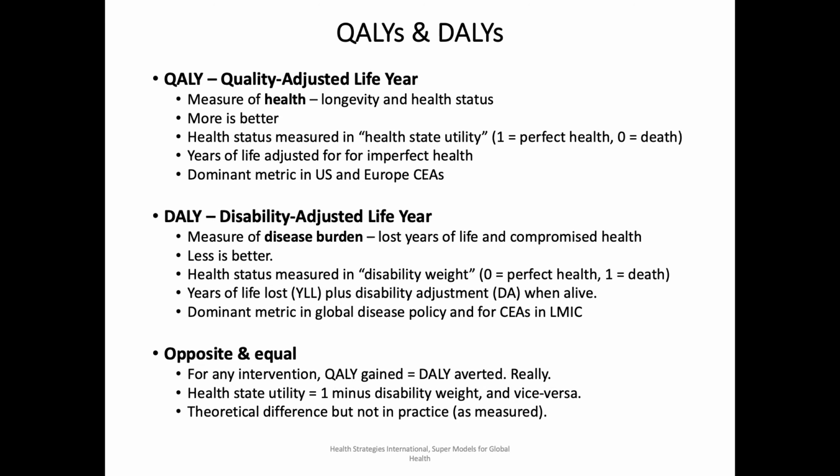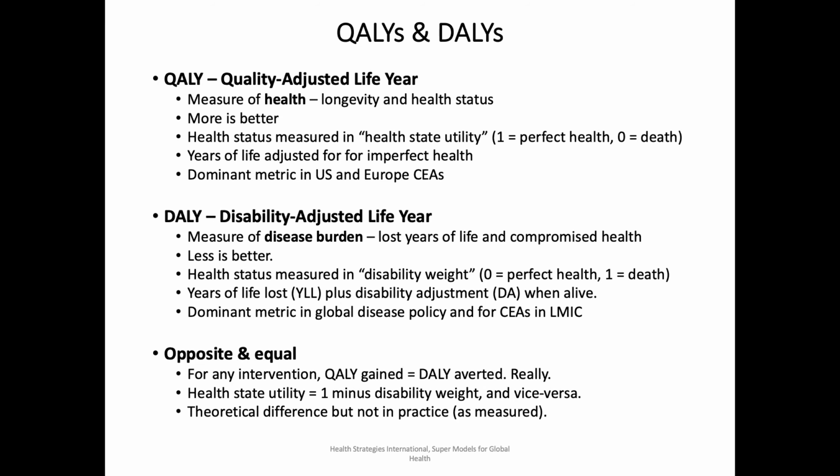However, the way that the disability is measured has shifted over time, and it's now measured, the disability weight is measured as a preference between two health states. So it's not exactly disability, it's more like a preference weight, which makes it actually quite similar to quality adjusted life years, except for the sign. So QALYs are a measure of health, longevity and health status.